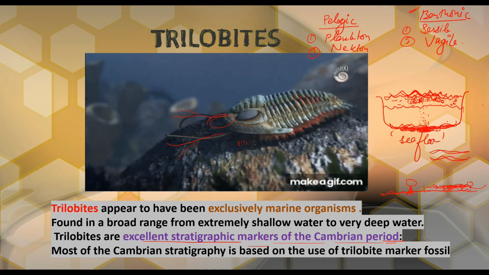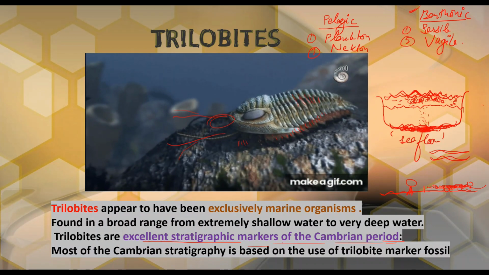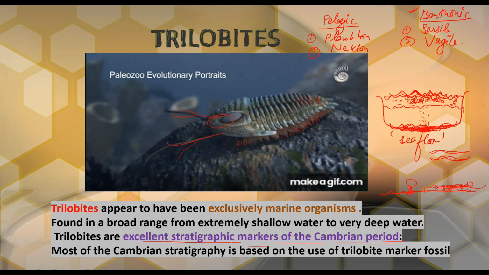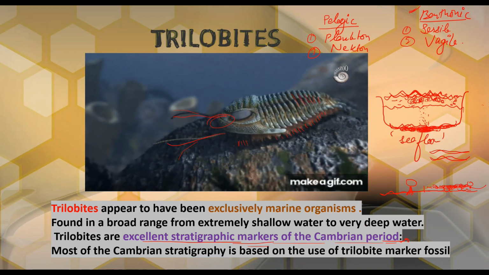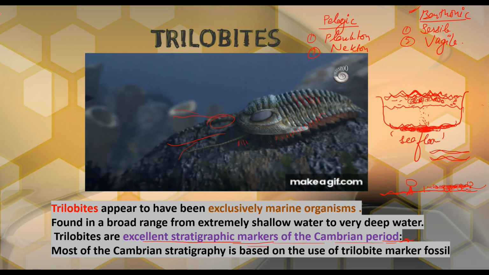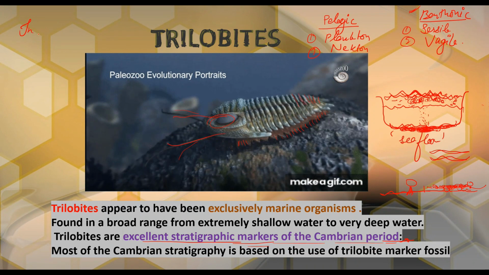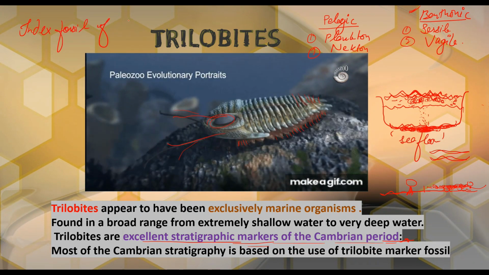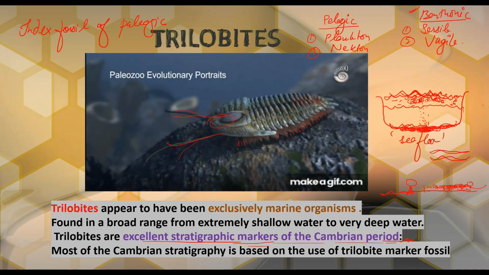So this is the habitation of the trilobita, and why we call it the stratigraphic marker of the Cambrian period. Let's see, this is also known as the index fossil. Trilobita is a good index fossil of the Paleozoic era, right?